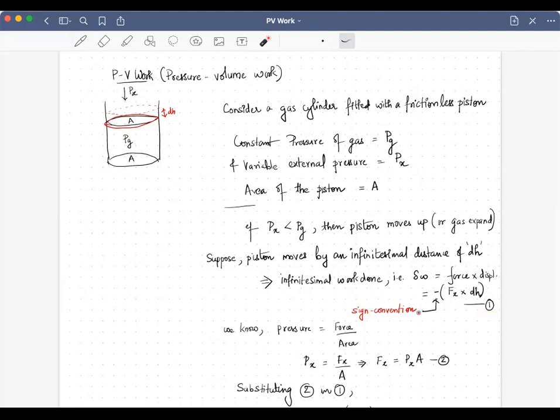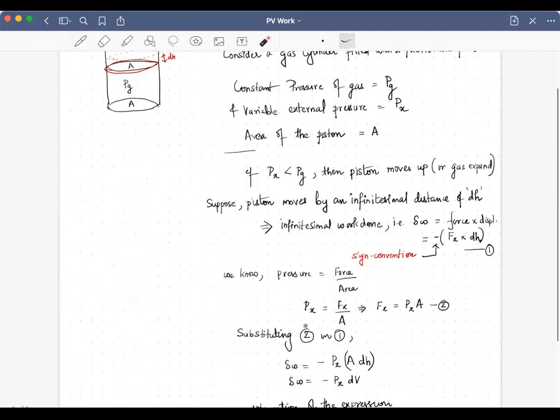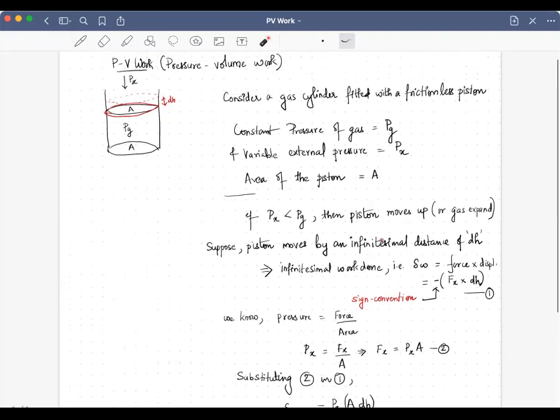Now, let us look into another expression. We know that pressure is nothing but force upon area. This expression is pretty much known to everyone. If you look here, the external pressure is Px.